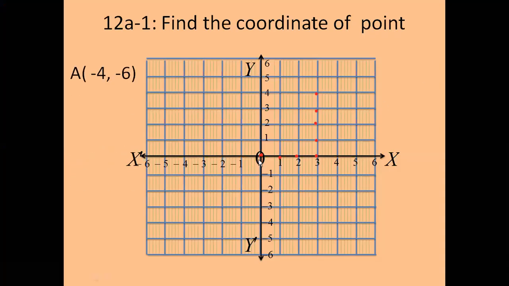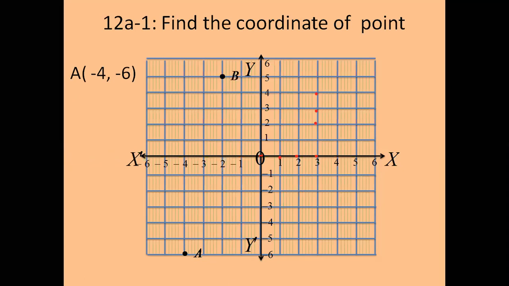Understand? Because it is the left side, first of all, for going to this point, we have to count back. So here 1 2 3 4 5, this is -4, and now coming down, down means minus. Okay, you can see by seeing the number line it is -6, so point A will be -4 comma -6.